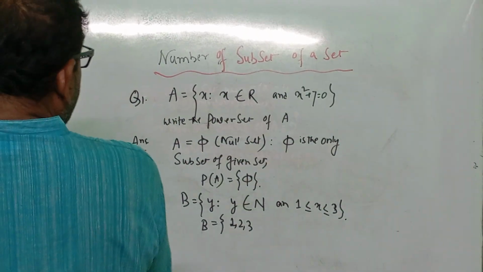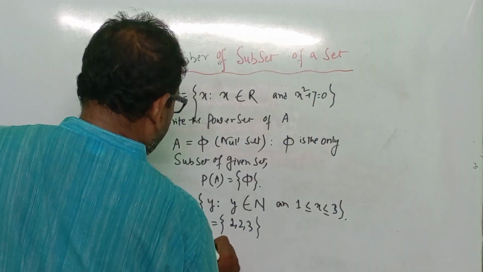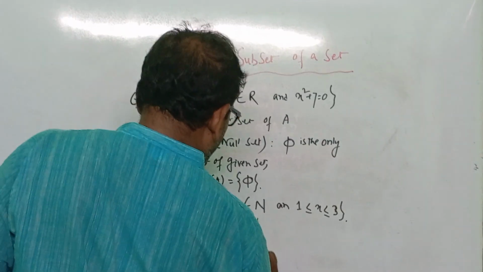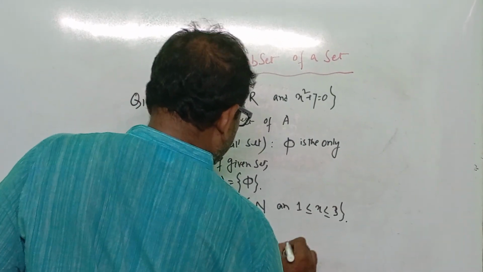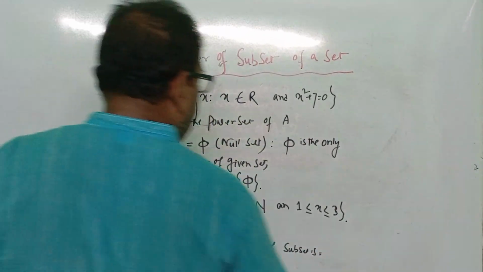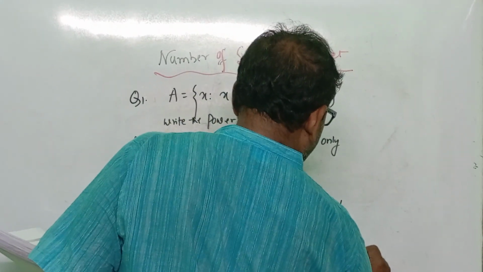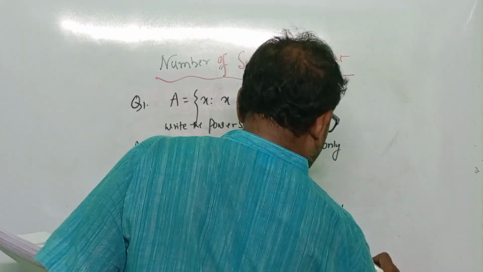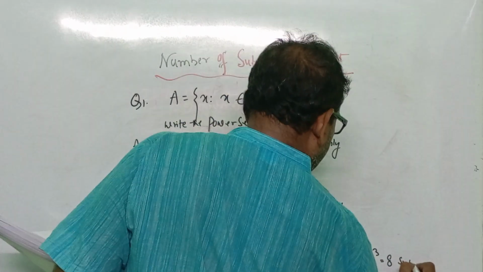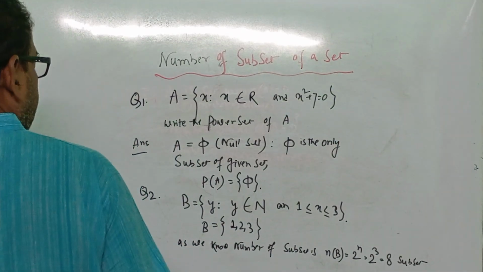So how many subsets will be there? As we know, the number of subsets is 2 to the power n, that is 2 to the power 3, that is 8 subsets.